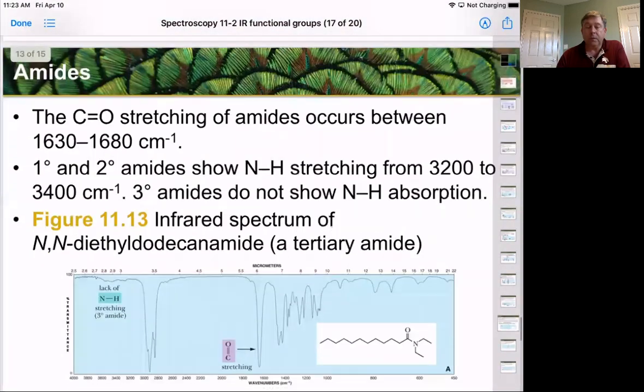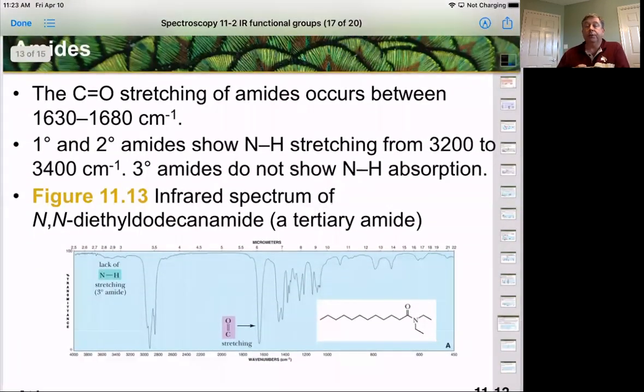Okay, so amides are similar to the amines. In the case of an amide, we have a C double bond O to a nitrogen. If that nitrogen has hydrogens on it, we'll see peaks in this range here. If we have a primary amide, we'll have 2 peaks. If we have a secondary amide, we'll have 1 peak.